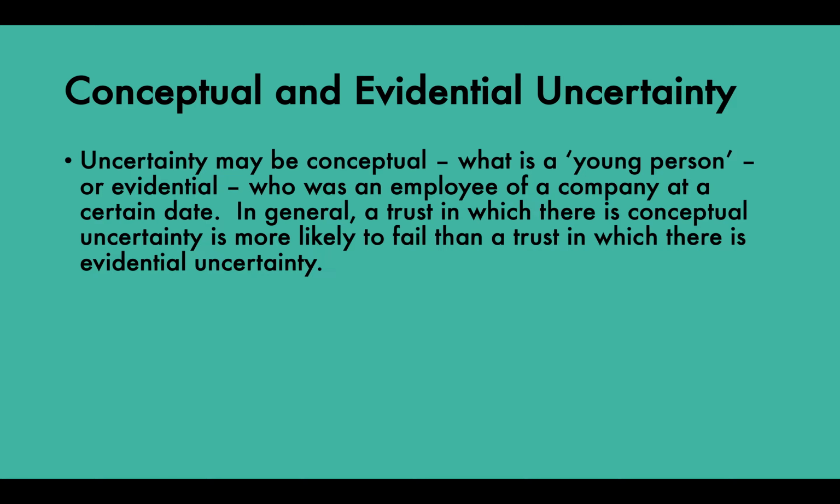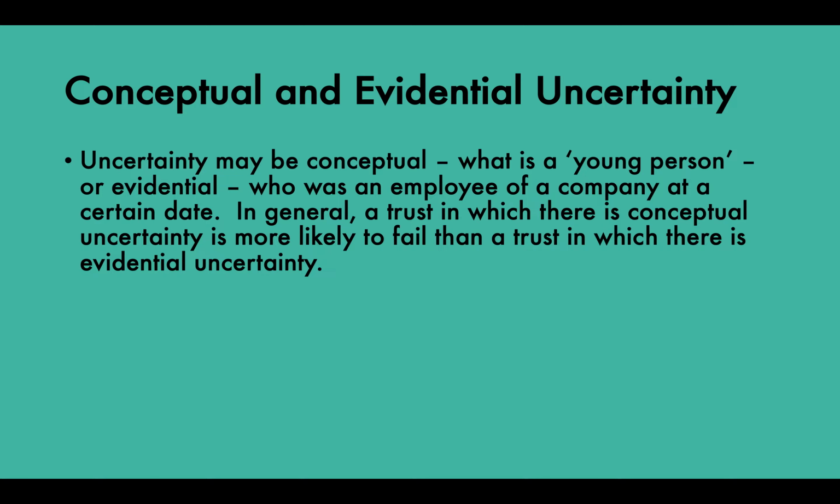Where it is impossible to prove whether or not the potential beneficiaries succeed in falling within the category, this will not invalidate a trust or a power of appointment in most circumstances. And this appears to be consistent with good sense.